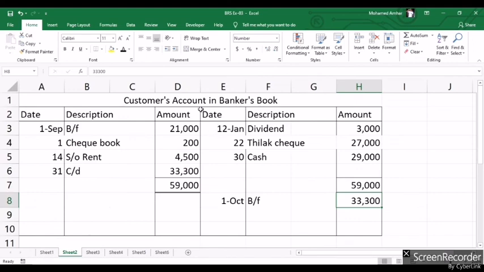So I think by this sum we discussed the whole thing about the bank reconciliation statement. Right, so I think you would have understood this.